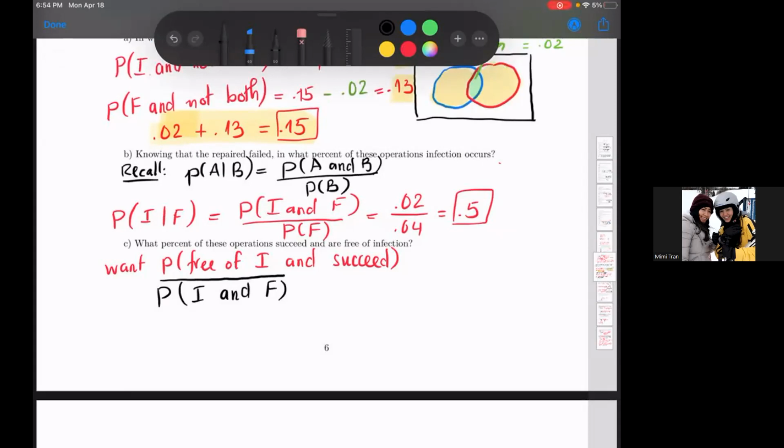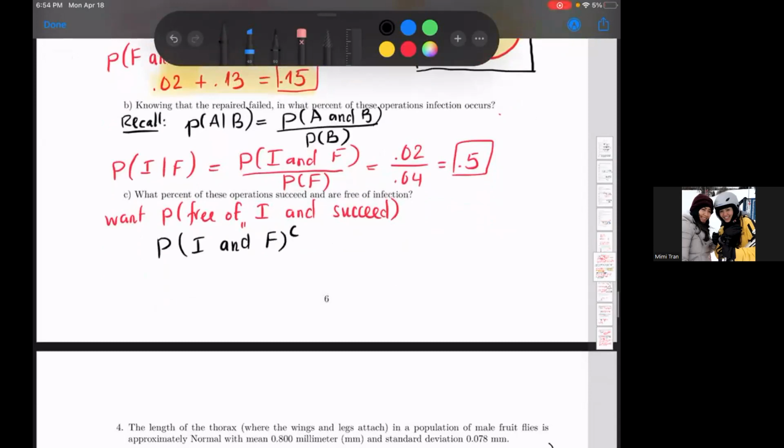So the complement of that is equal to 1 minus. The negate of I and F is I or F, right? So 1 minus P of I or F.